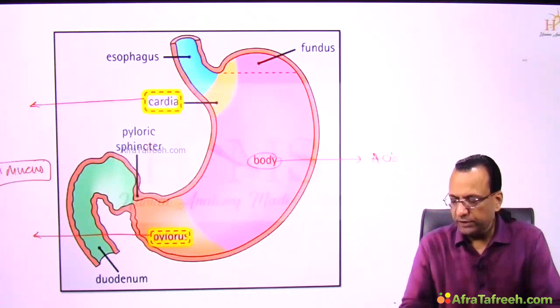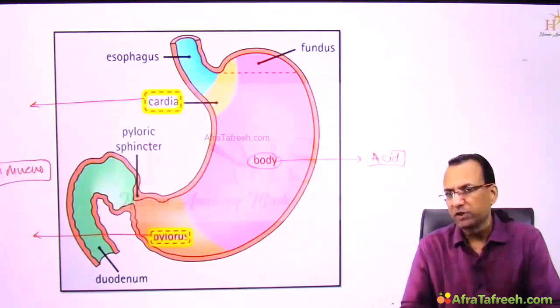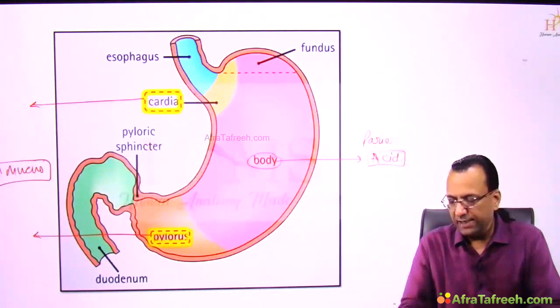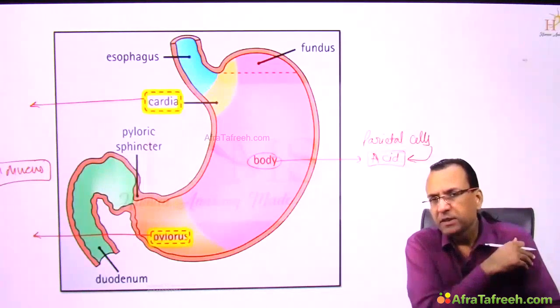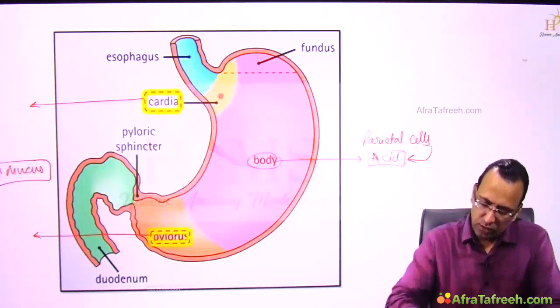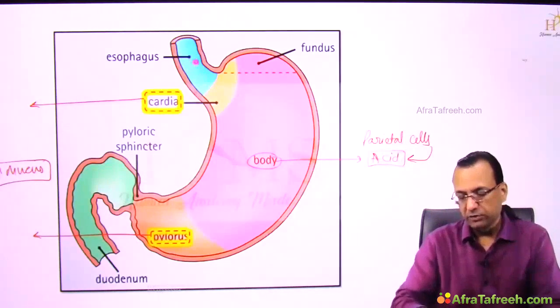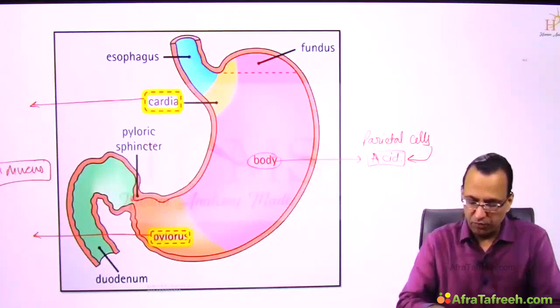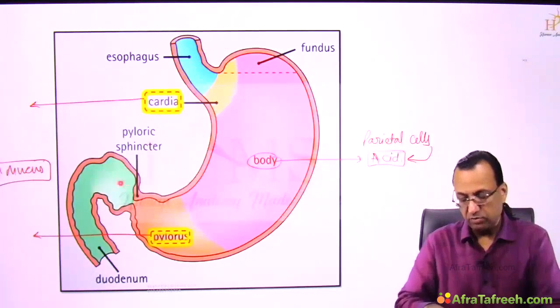So which cells are producing acid in the body of the stomach? Parietal cells. And when these parietal cells are secreting acid in the body, there is a tendency of that acid to move into the lower esophagus causing some ulceration, or maybe this acid will move into the proximal duodenum causing duodenal ulcer.